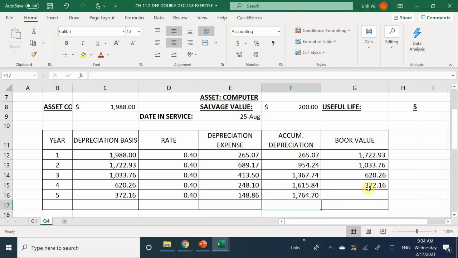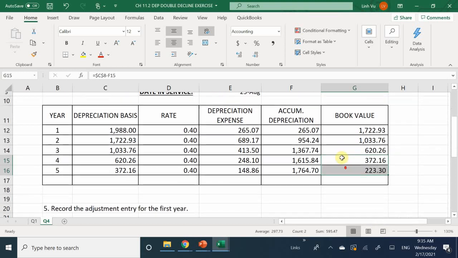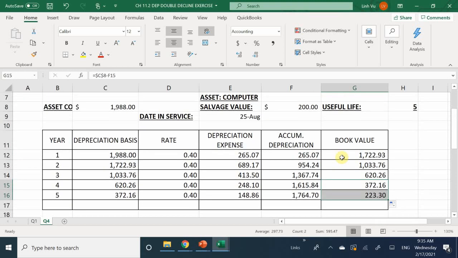And then my book value as of year 5 is going to be 223.30. Good.